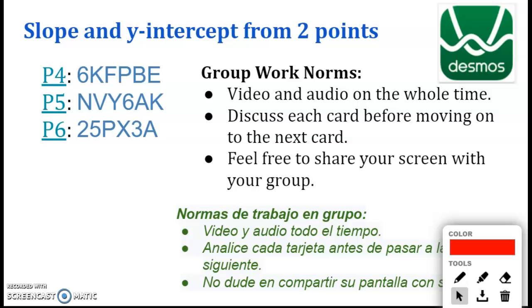That is so that you can freely talk to each other. That is the purpose of breakout rooms. It's not just so that you can work independently. I would like you to discuss each card before moving on to the next card. And feel free to share your screen with your group so that you can discuss fully.